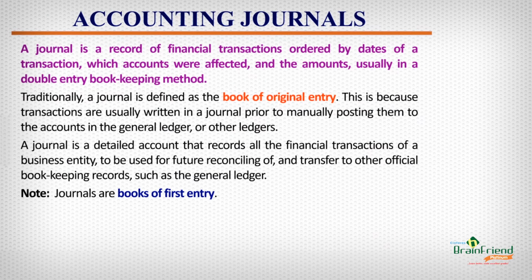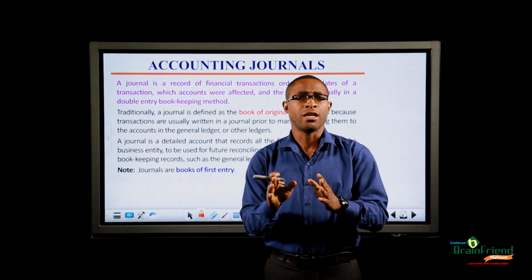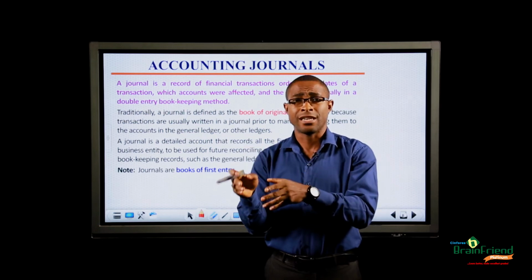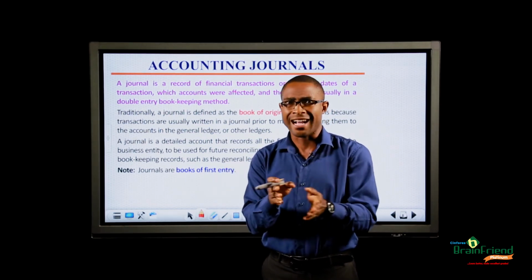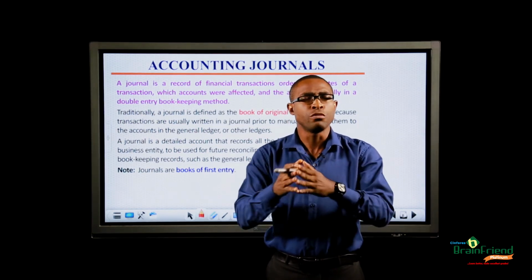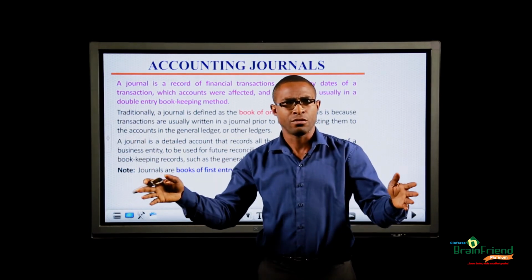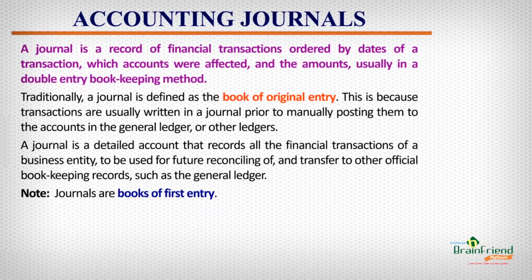Now, going further, there are basically two types of accounts when we are looking at double entry bookkeeping. We told you that these are transactions that must be recorded in two or more accounts. So when a transaction occurs, it should be recorded in two separate accounts. The first of them is a journal. So what is a journal?